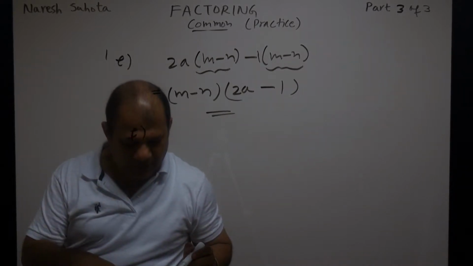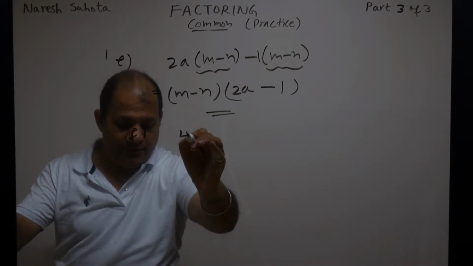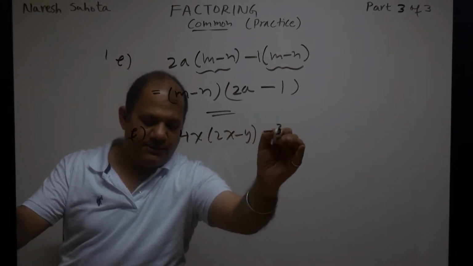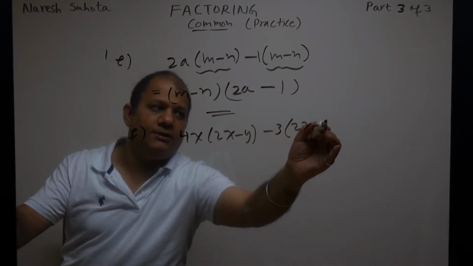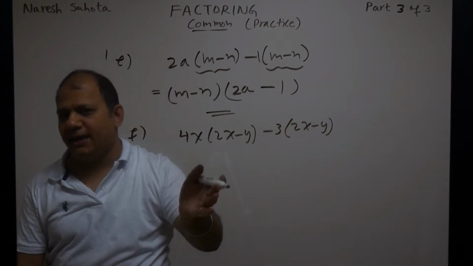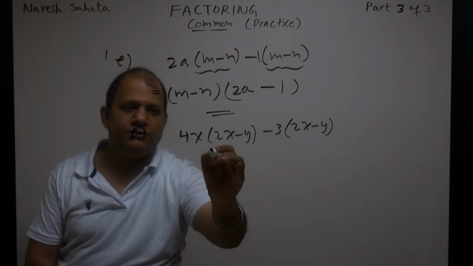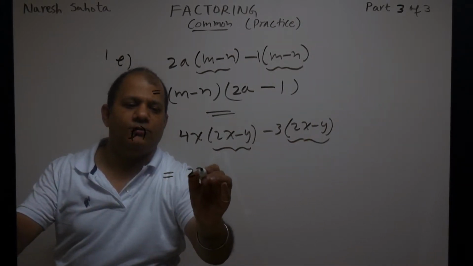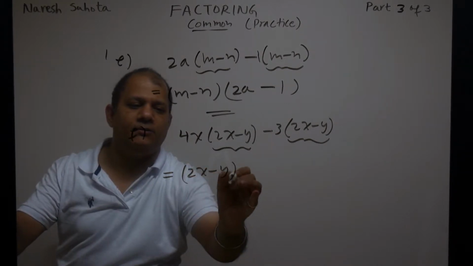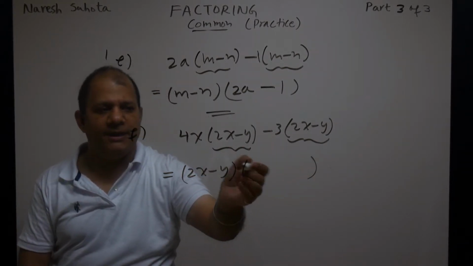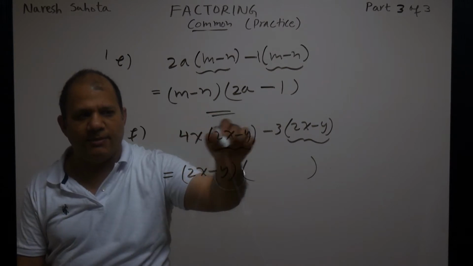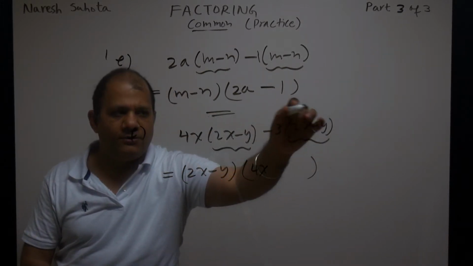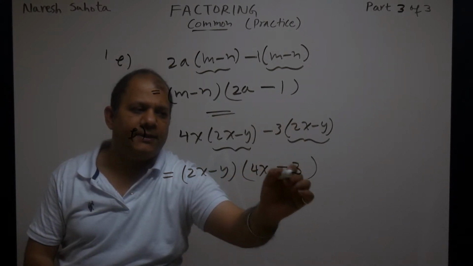Alright, so next question, we have 4x times 2x minus y minus 3 times 2x minus y. So again, now you've got the pattern. The common factor is 2x minus y. So we pull out 2x minus y, and then the remaining factors: from this, the remaining factor is 4x, and from here, the remaining factor is minus 3.